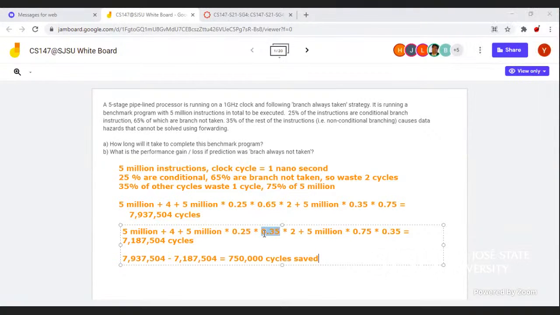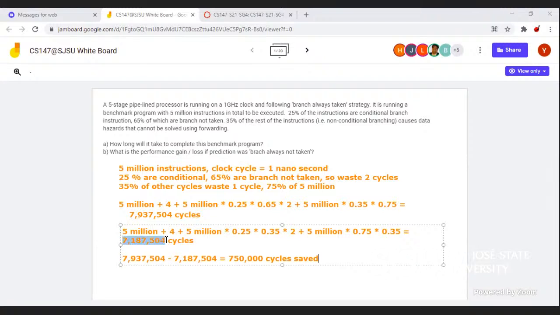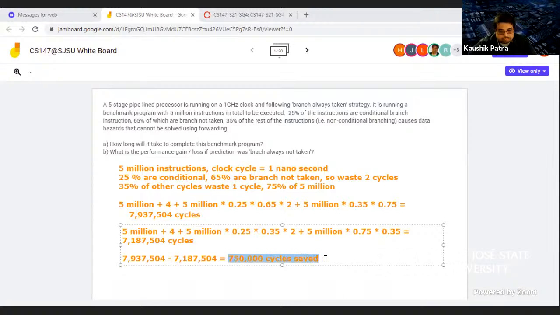So that just changes this number right here, exactly, 0.35. Then we come out to this many cycles in total, and we find the difference between the two. We found that this many cycles are being saved.